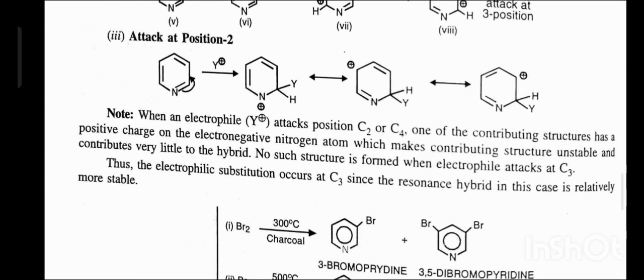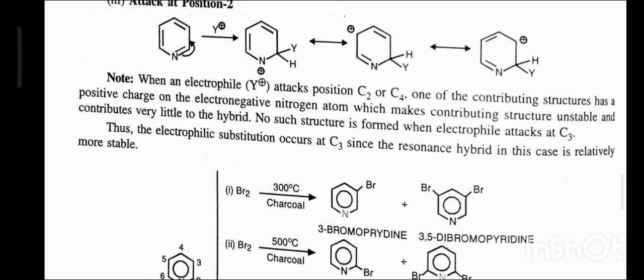Note: when electrophilic attack occurs at position 2 or 4, one of the contributing structures has a positive charge on the electronegative nitrogen atom, which makes that contributing structure unstable and it contributes very little to the hybrid. No such structure is formed when electrophilic attack occurs at carbon 3. Thus, electrophilic substitution occurs at C3 since the resonance hybrid in this case is relatively more stable.